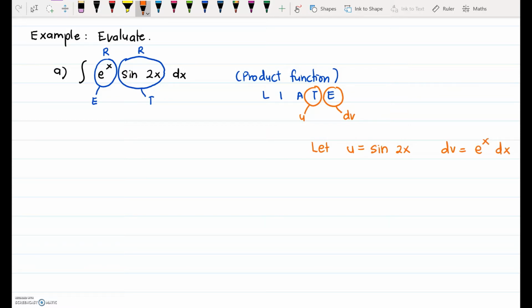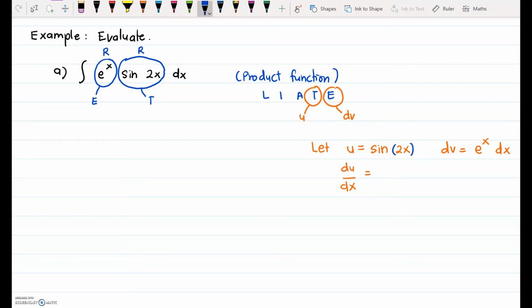Next, you need to find du/dx. Remember, when you differentiate, please differentiate carefully. If you have a composite function, you need to differentiate inside the function. For example, we have sine of 2x.